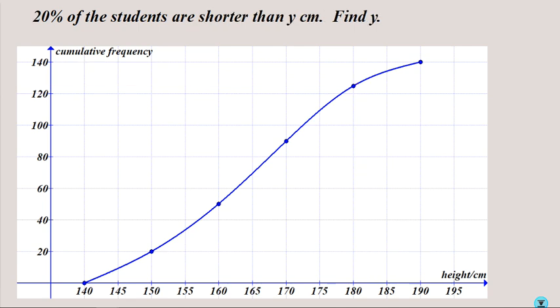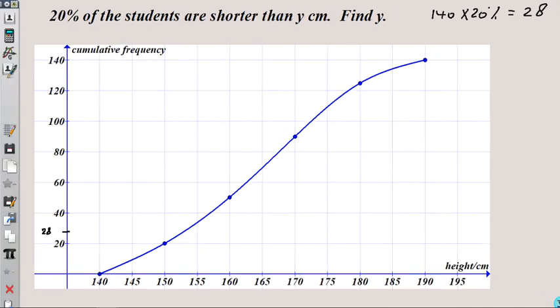Again, 20% are shorter than Y, so we're talking about the shortest 20% of the students. And if we have 140 students, then 140 times 20% is 28. We are looking at the shortest 28 students. So we locate 28 on the cumulative frequency axis, and then we do the same process again.